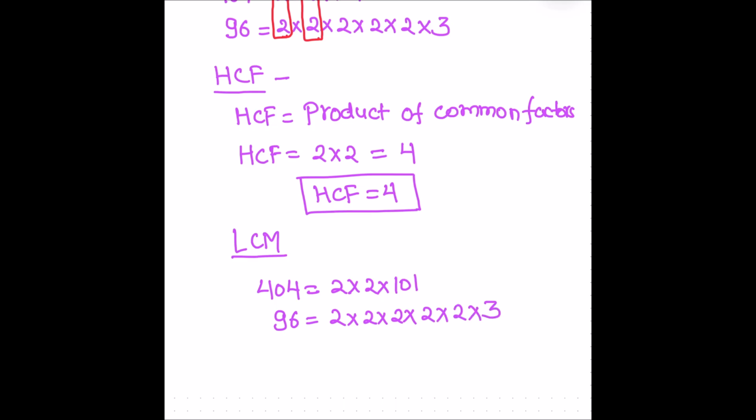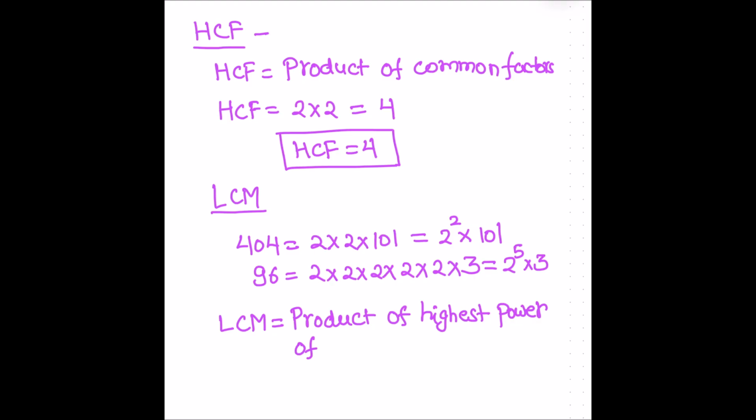So for finding the LCM, we are going to first write the factors in terms of their exponents. So this will be 2 square, as there are two 2's. So this will be 2 square times 101, and 96 factors will be 2 raised to power 5 times 3. So LCM is the product of the highest power of common factors.